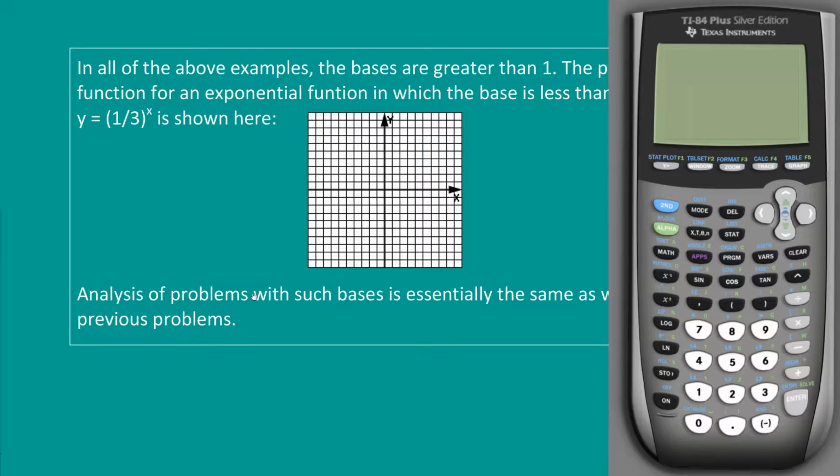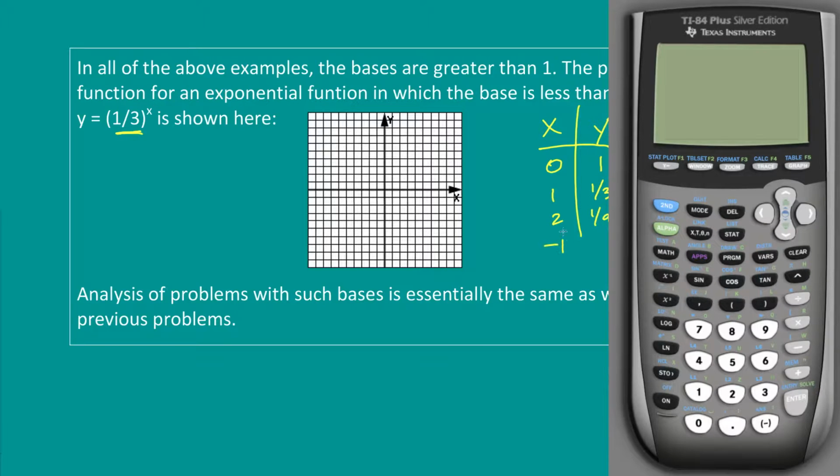Now, if we were dealing with bases that are less than 1, like 1/3, let's plot out our x and y values here. If x is 0, again, y is still 1, because anything to the 0 power is 1. If x is 1, we've got 1/3. If x is 2, we've got 1/9.